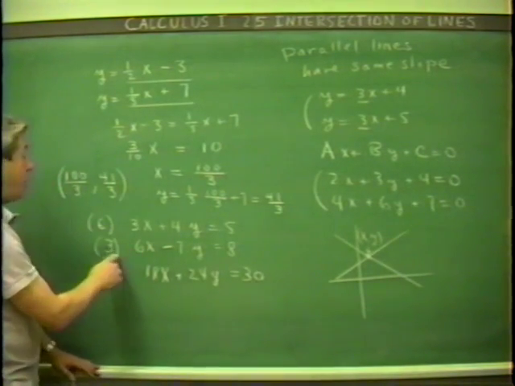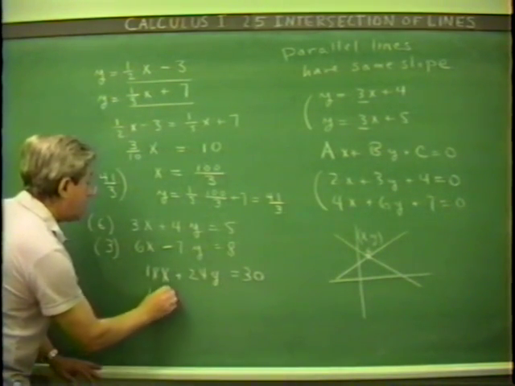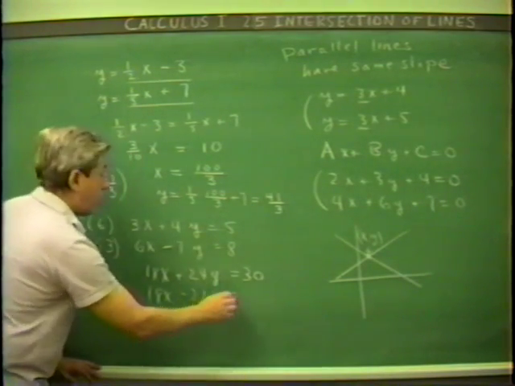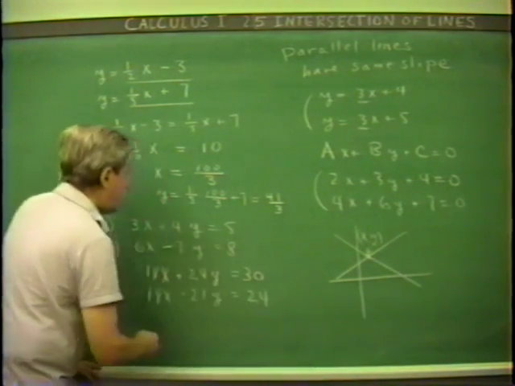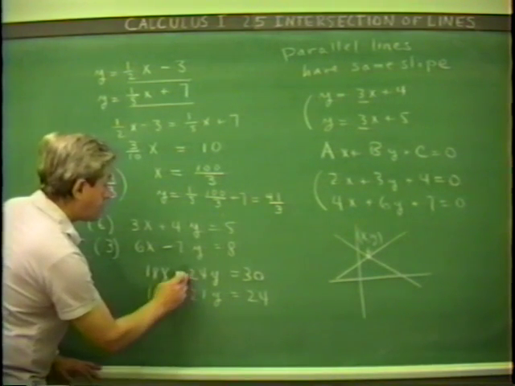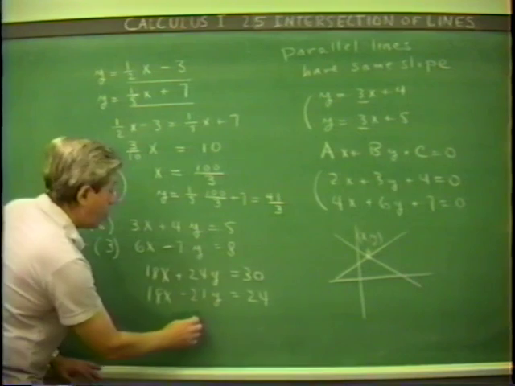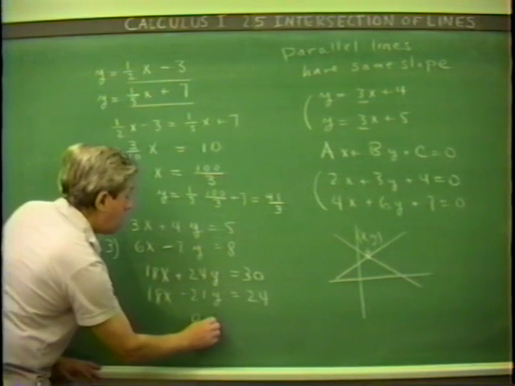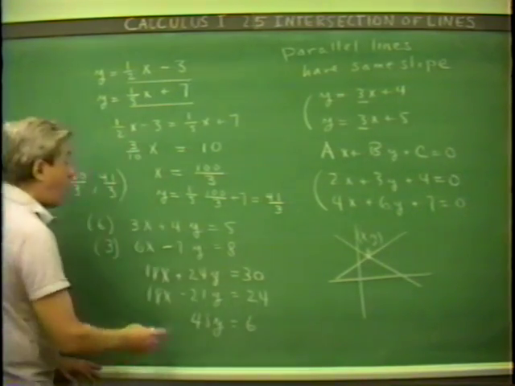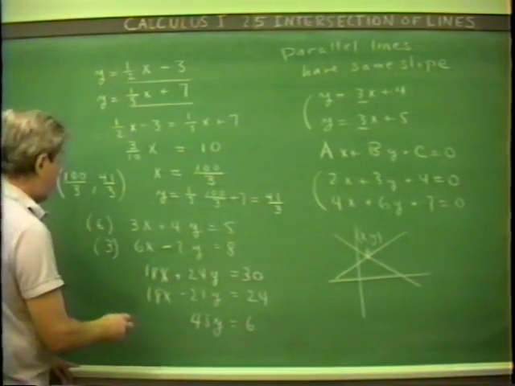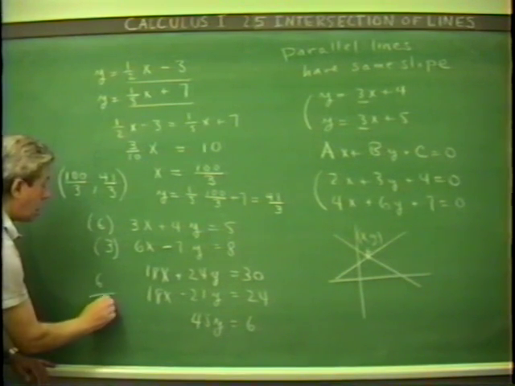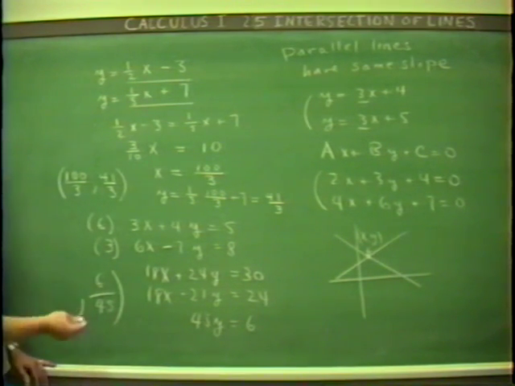The second one by 3, we have 18x minus 21y is equal to 24. Subtracting one from the other, 24 minus 21 is going to be 45. Y is equal to 6, so that y is equal to 6 over 45. That's the y coordinate of the point where they intersect.